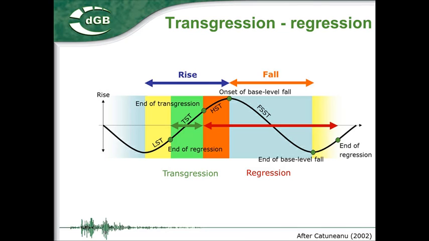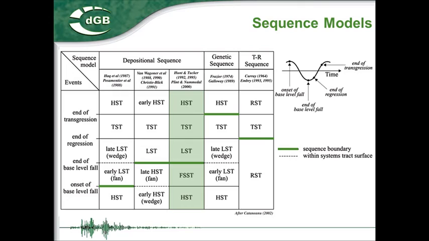Okay, now that is just one way of cutting up your base level curve. And unfortunately there are many different ways of cutting up the base level curves. This depends on the type of model that you are using. That in itself depends again on what company you're working for, or what setting you're working for, or how you have been trained.